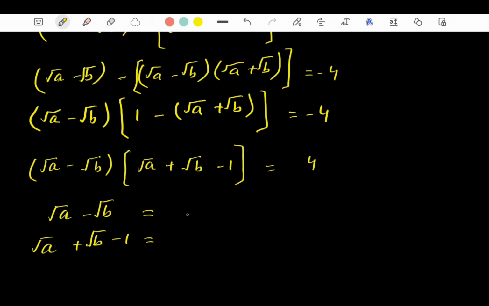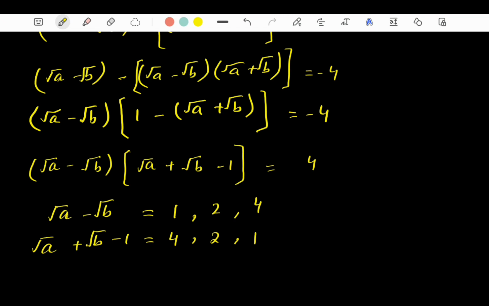If the first factor is 1, then the other is 4. If the first factor is 2, then the other is also 2. If the first is 4, then the other is 1. This means we have taken all possible values for which the product of these two terms may be 4.